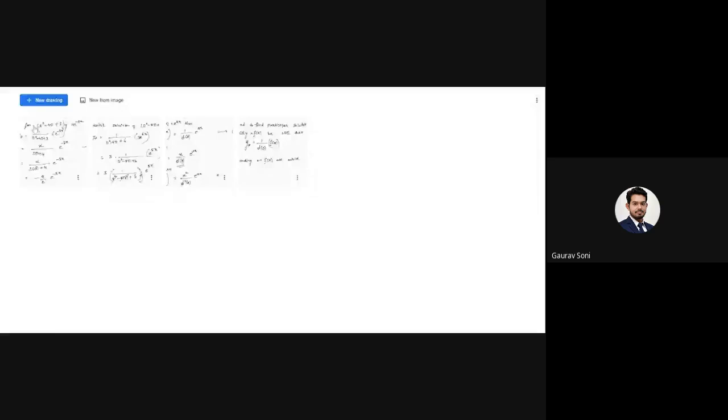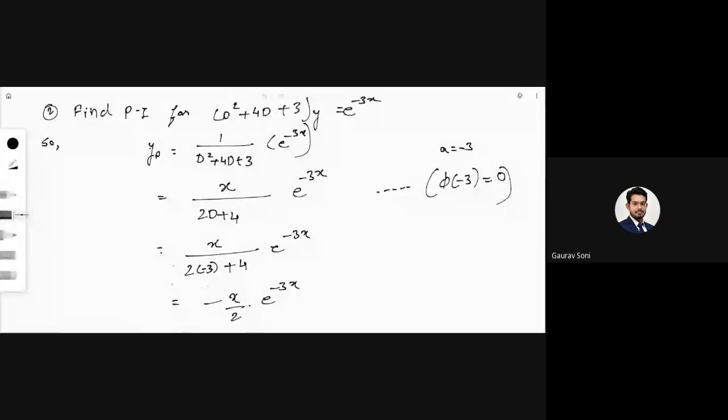Can you once again explain that? Which one? x upon 2D plus 4. I didn't understand that. It is the derivative. What is the derivative of D square? 2D. Yes. The derivative of 4D is 4 and the derivative of 3 is 0.